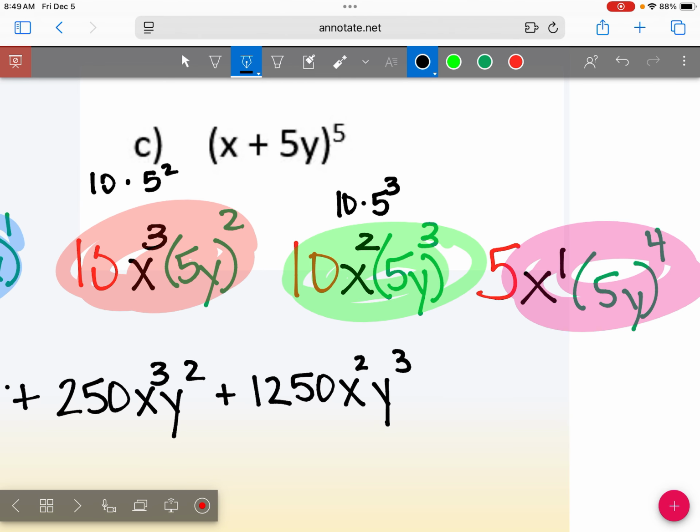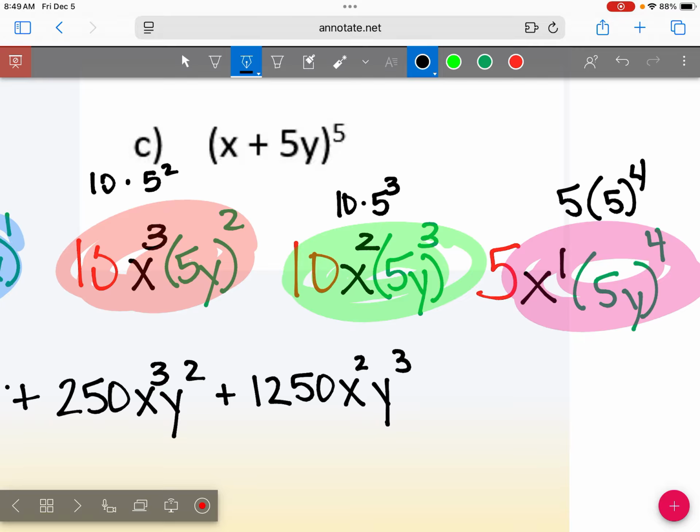And this next term, I have a 5 times 5 to the power of 4. Oh, for real? I thought it was 625. 3,125? 5 to the power of 5?